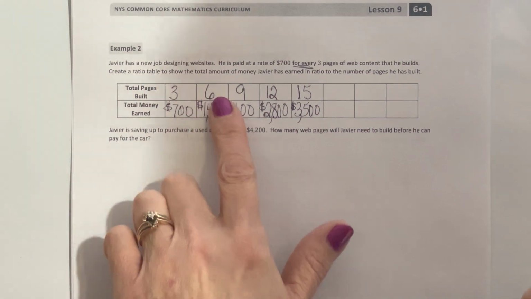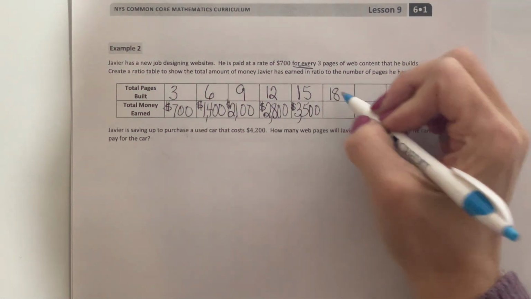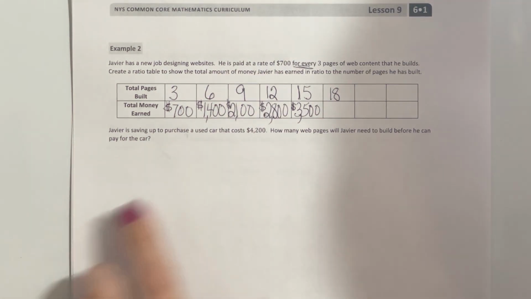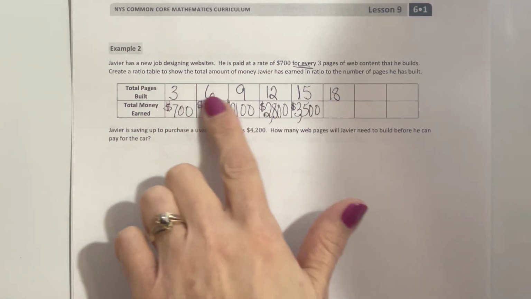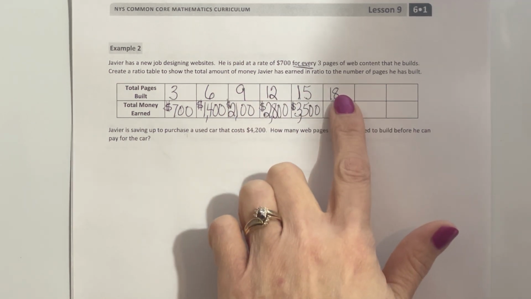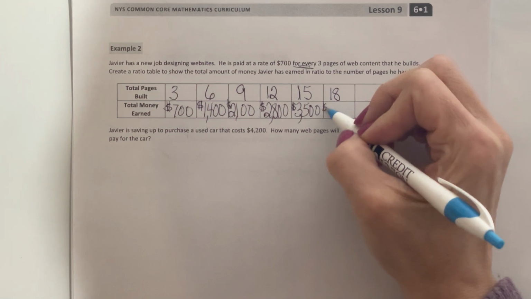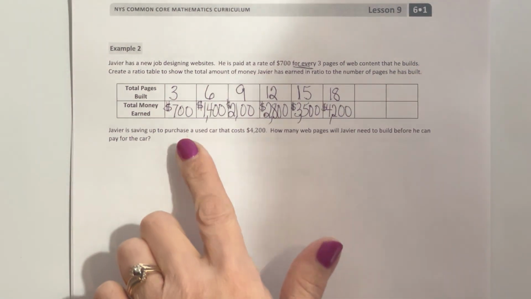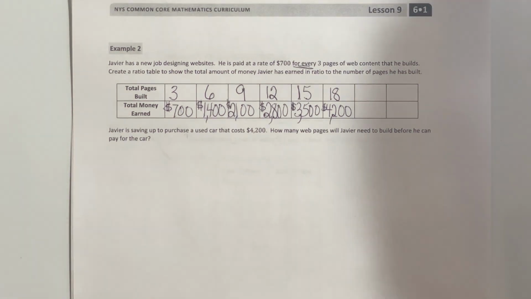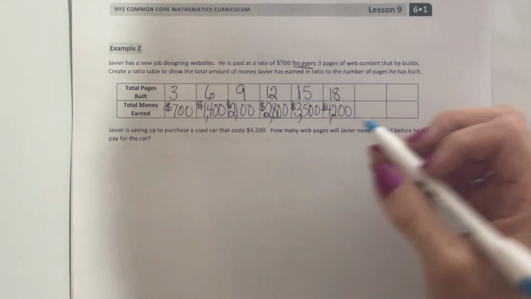All right, 3, 6, 9, 12, 15, 18. All right, so we've got 1, 2, 3, 4, 5, 6 this time. So 6 7s would be 42, and then it would be 4,200 because we're counting by 700s, not 7. Even though we can use 7 as a basic pattern.